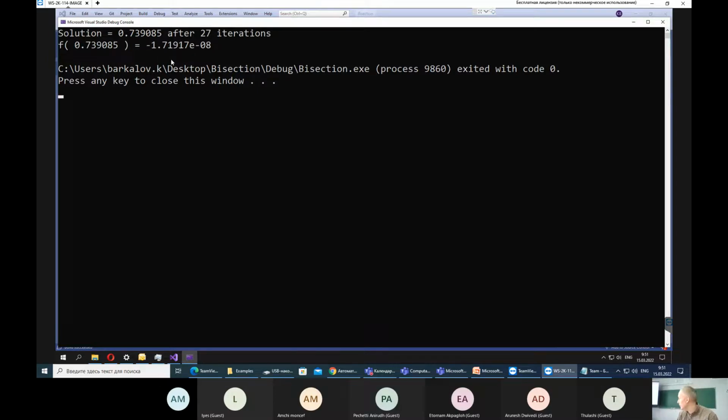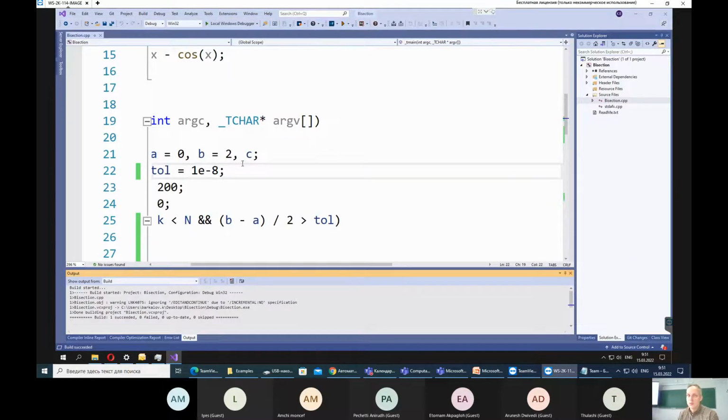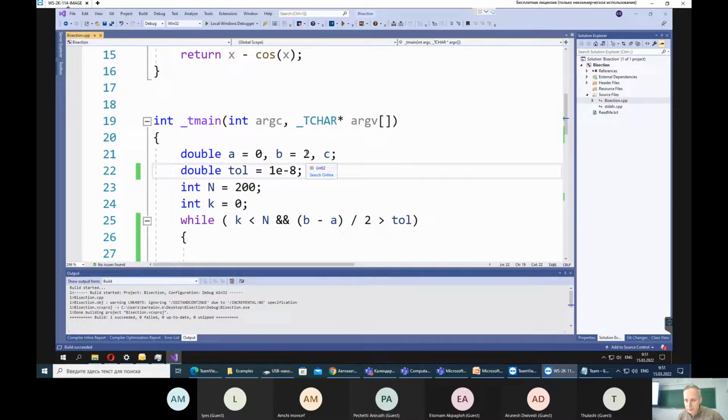The value of f of c is about negative 8, but it requires 27 iterations. So the smaller tolerance we set, the more iterations we should carry out to find the solution.